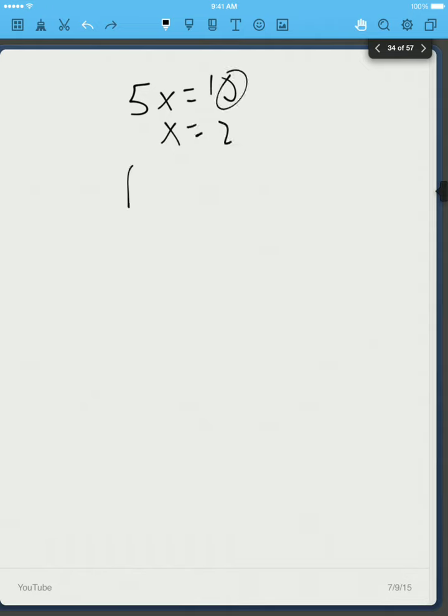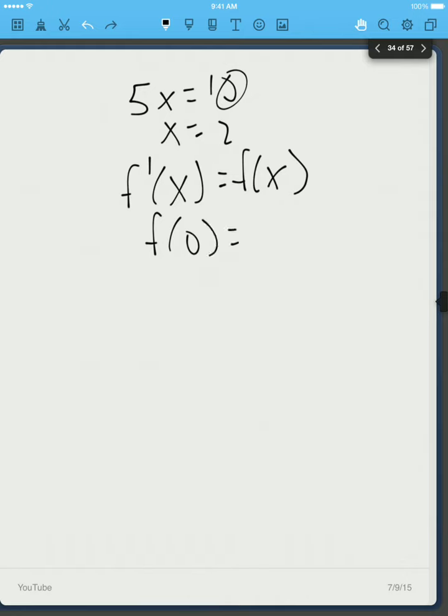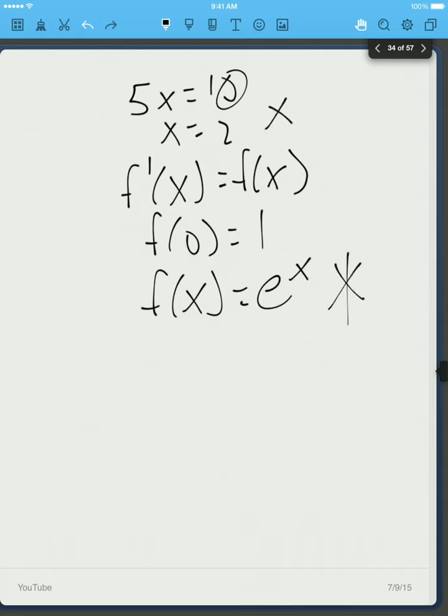But if I look at, for example, f prime of x equals f of x, with f of 0, let's say, equals 1, well, if I get this guy, the solution is a function. It's a function instead of a number. So we're really interested in finding the function that satisfies a differential equation, the same as we're interested in a number that satisfies an algebraic equation.